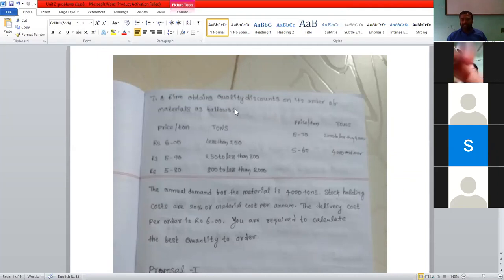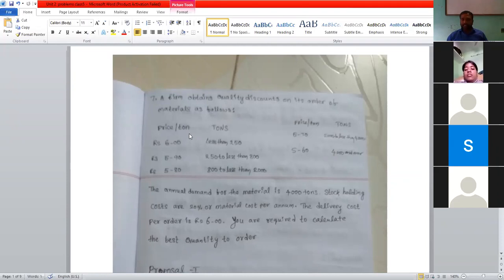With the various prices according to the given quantity, we are going to find the different proposals, and find which proposal is the best, the economic order, in this question. A firm obtains quantity discounts on its order of materials as follows.